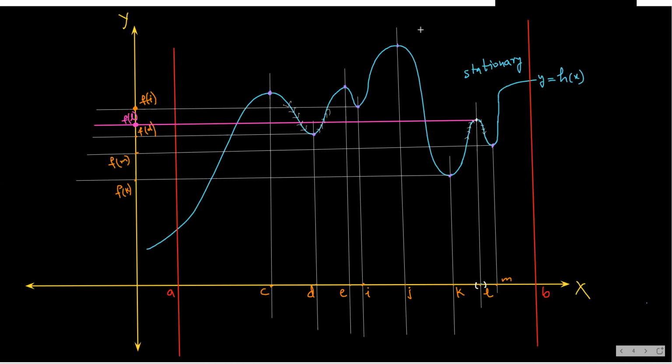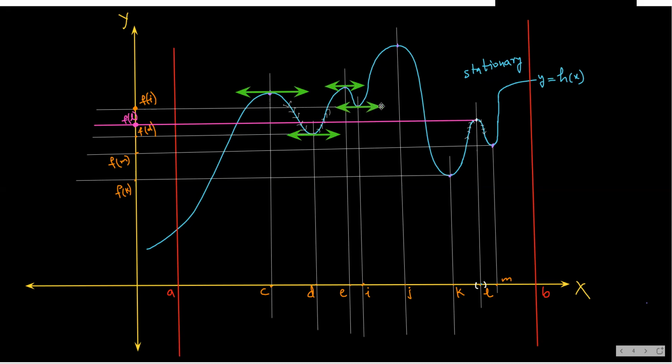Now, what I'm trying to tell you is, if I draw tangents to this curve at the turning points, say I draw a tangent to the curve at C, I will notice that the tangents are coming parallel to the x-axis. I am not deliberately trying to make it parallel to the x-axis. They are coming on their own.